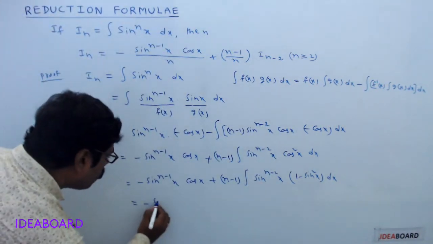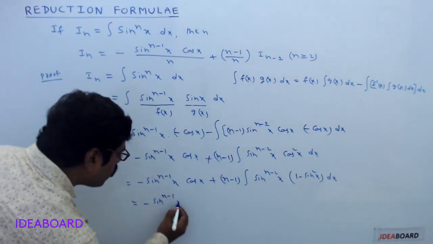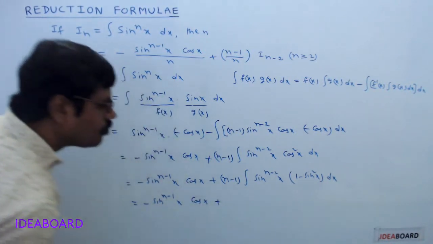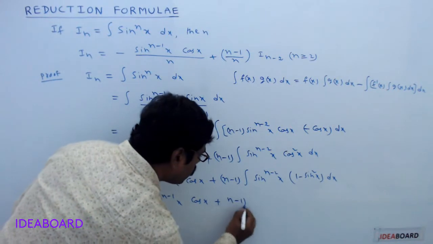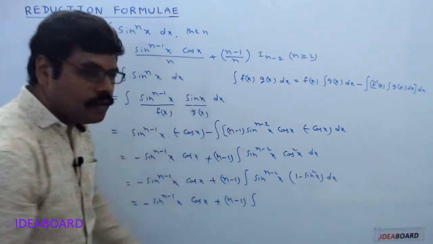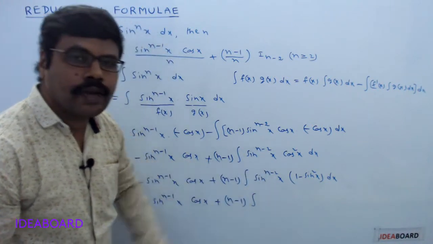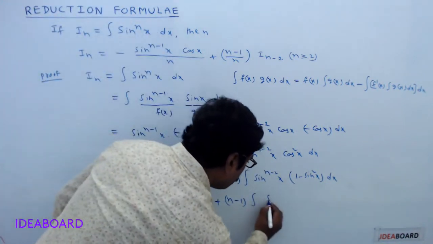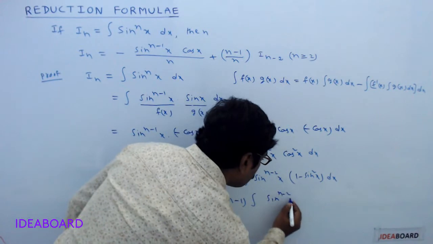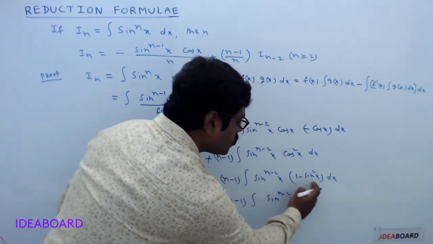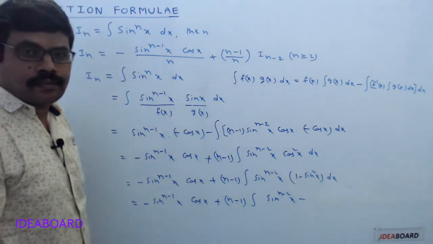Now this equals minus sin^(n-1) x into cos x plus (n-1) into integral, multiply these two terms with sin^(n-2). So it is sin^(n-2) x minus sin^(n-2) into sin square x.